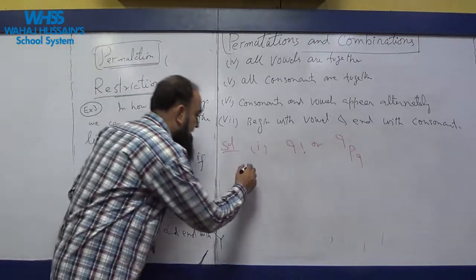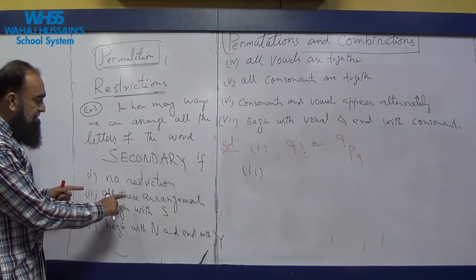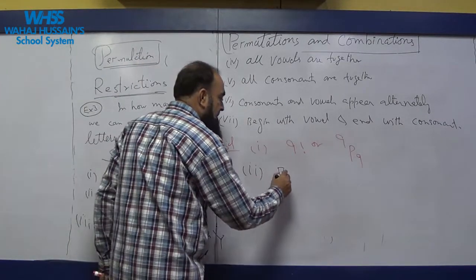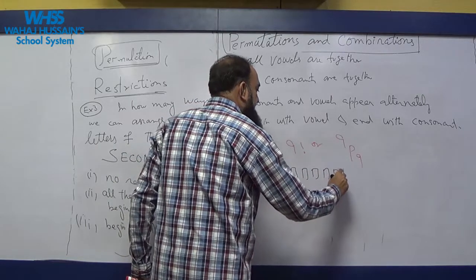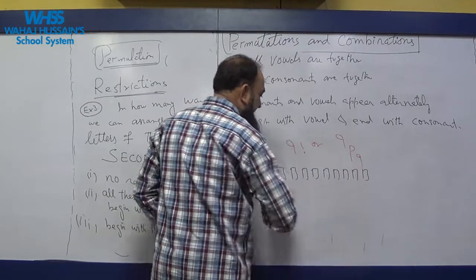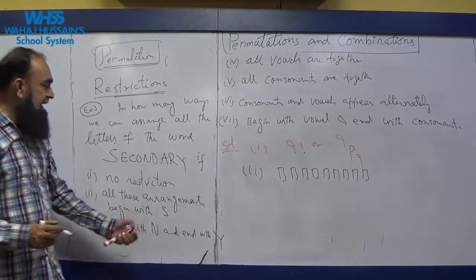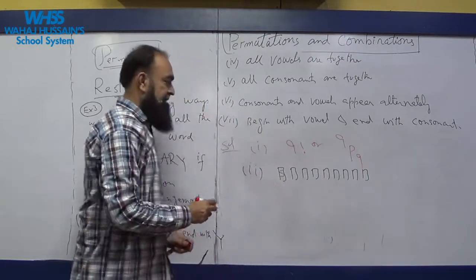And now the second part. Now the restriction is that all these arrangements, that is 9-letter arrangements, begin with S. What does it mean? 1, 2, 3, 4, 5, 6, 7, 8, 9. 9 letters are there. The restriction is all these must begin with S. So S will be the first letter of all these.